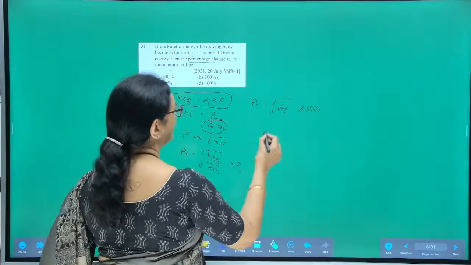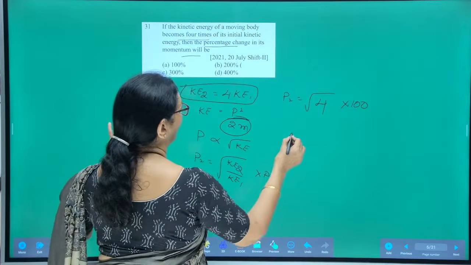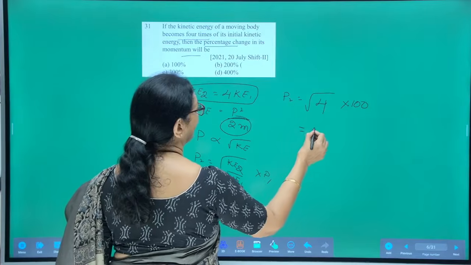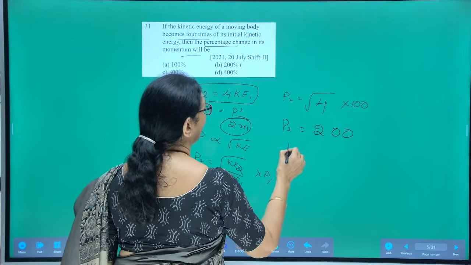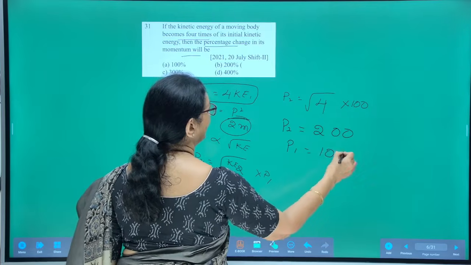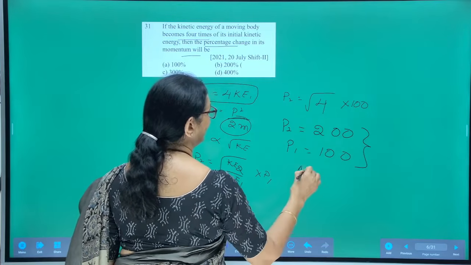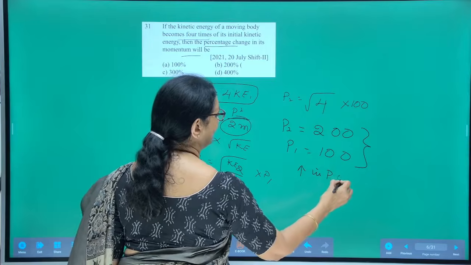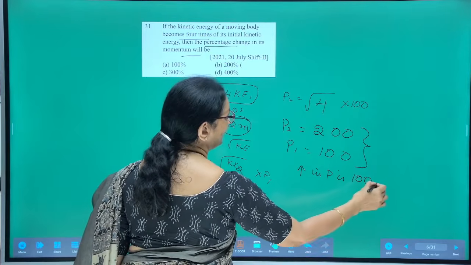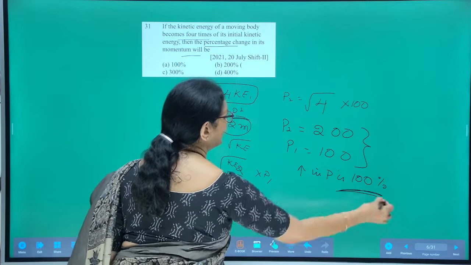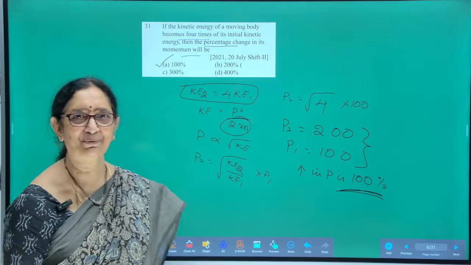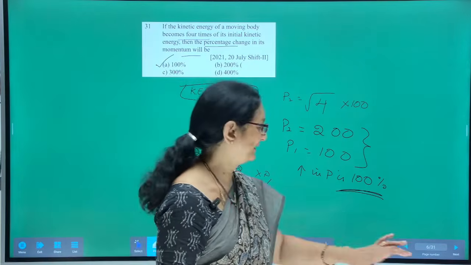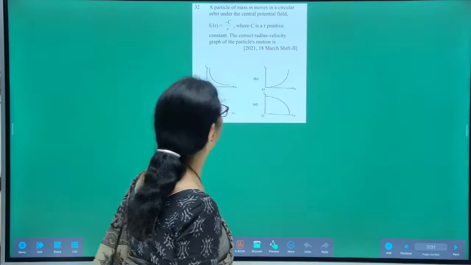Root 4 is 2 here, so this is 200, the final momentum. Initial is 100, so the increase in momentum is 200 minus 100, that is 100%. So, this is the right choice for that problem. Okay. Again, KE is p squared by 2m.